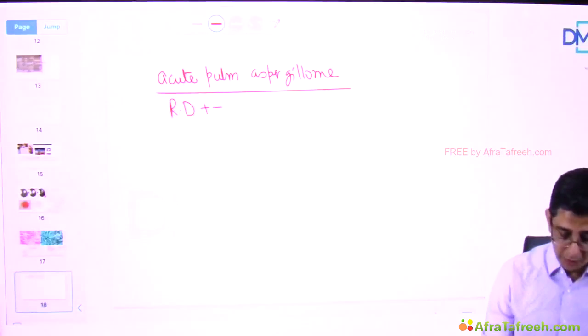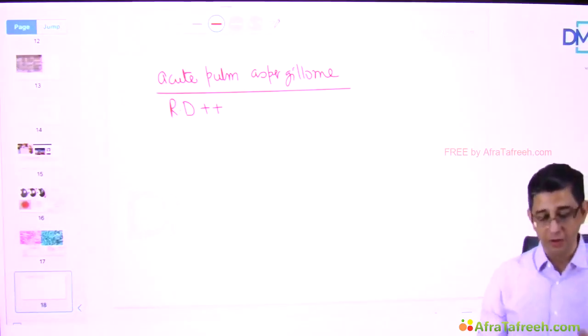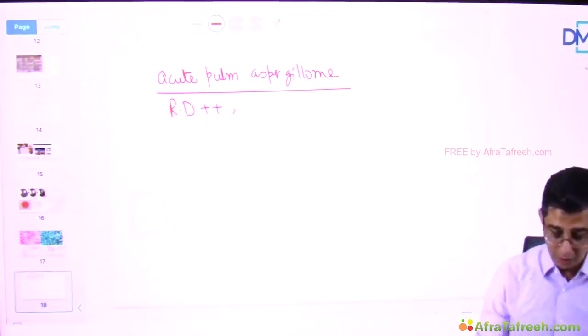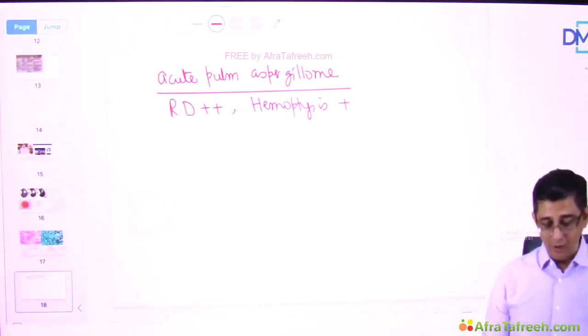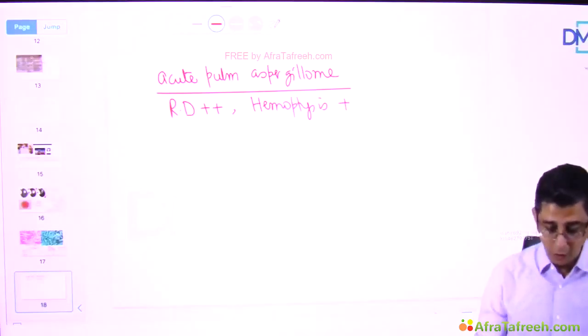The respiratory distress is out of proportion to the infection in the lungs, and there can obviously be a high incidence of bleeding tendency, that is hemoptysis, which is a big risk in these patients and can definitely cause loss of the patient.